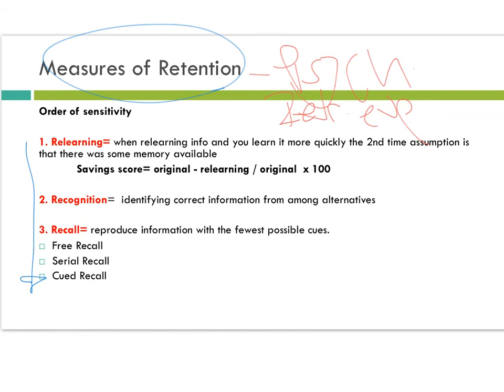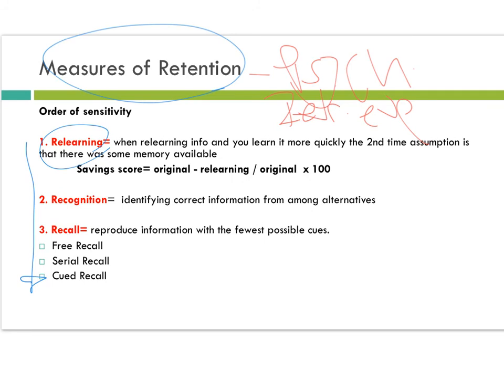Now, they are ranked in the order of sensitivity to information. So what does sensitivity actually mean? The sensitivity of a measure refers to its ability to assess the amount of information that's been stored in memory. So if the measure of retention is really sensitive, like for example, relearning, that will register a memory that is present even though there is a very small amount of memory trace left.